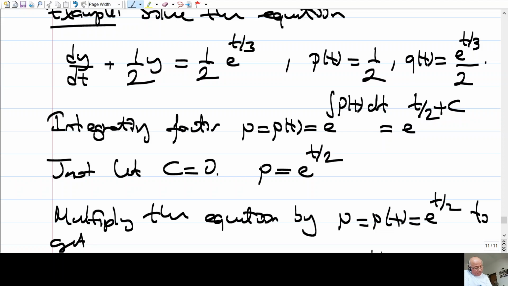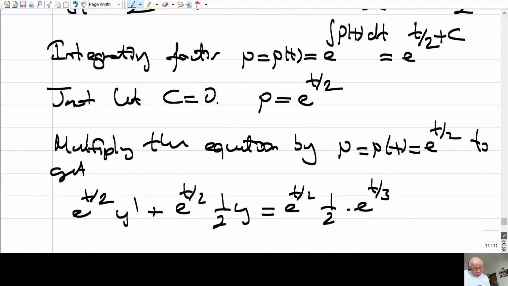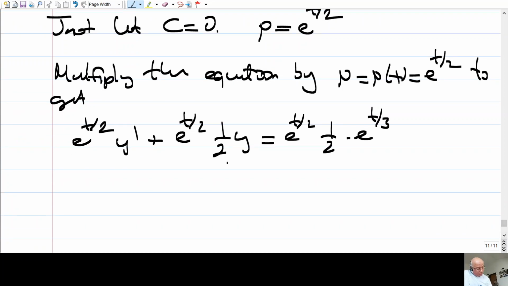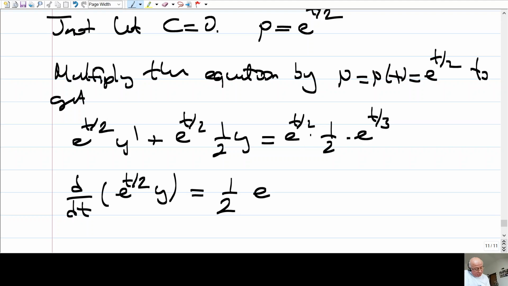So I just multiply the whole equation with e to the power t over 2 and obtain this. And I know that the left hand side is just the derivative of the integrating factor times y. And here I have, what is this? 5t over 6, I guess, right?